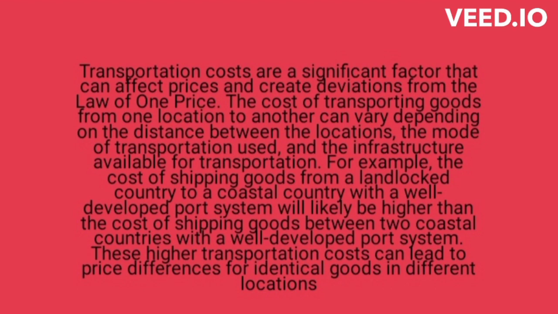The first factor is transportation cost. Transportation costs are a significant factor that can affect pricing and create deviations from the law of one price. The cost of transporting goods from one location to another can vary depending on the distance between the locations, the mode of transportation used, and the infrastructure available for the transportation.